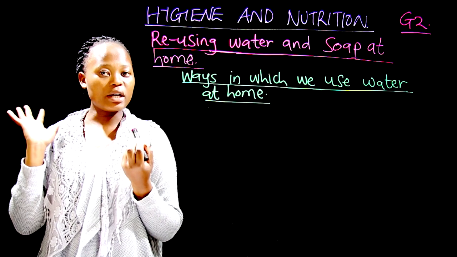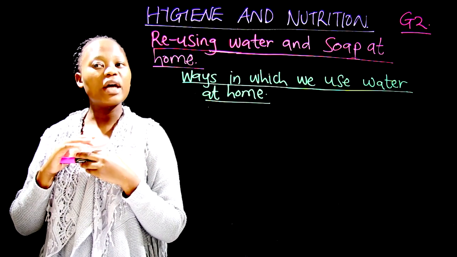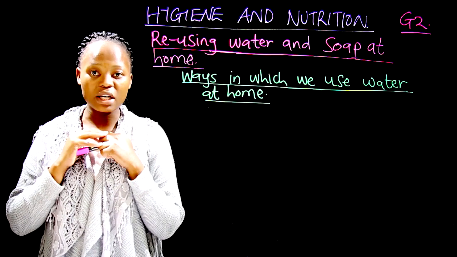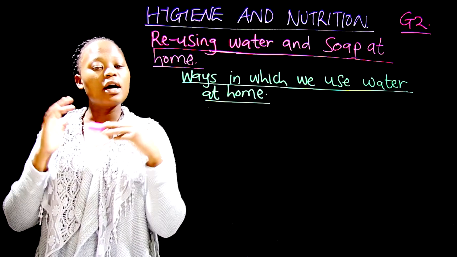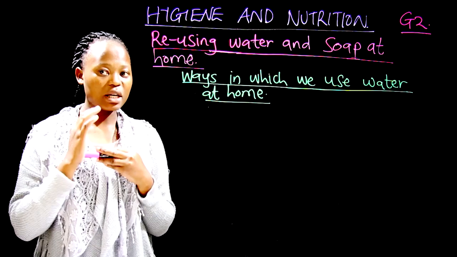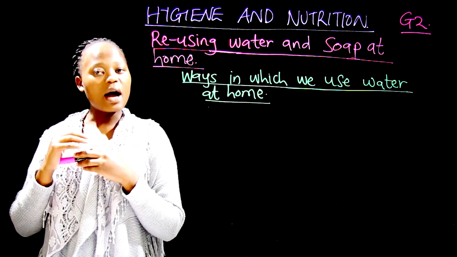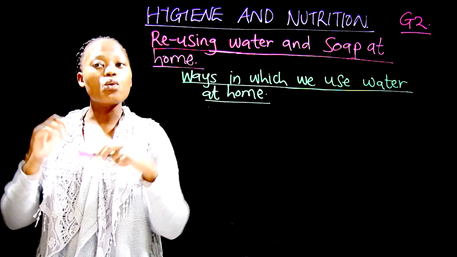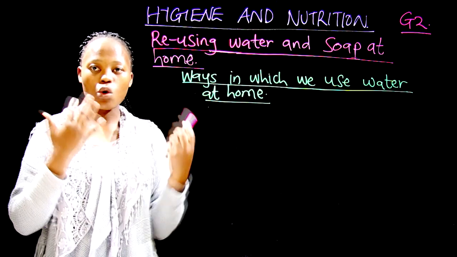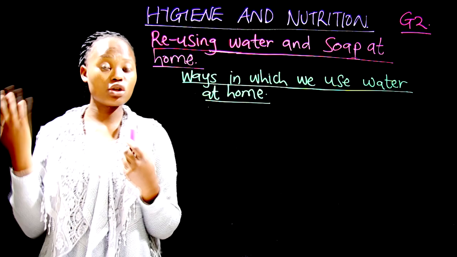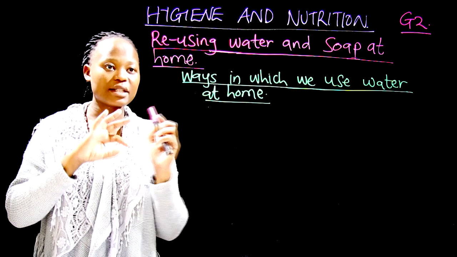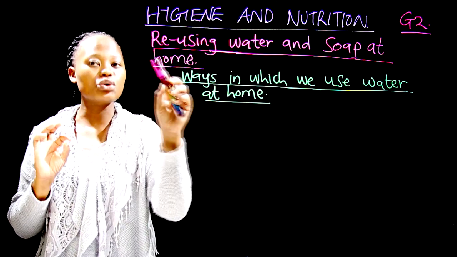In our previous lesson, we had looked at water contamination and how we can prevent water contamination. Now I want us to look at how we normally use water at home. We'll also look at a certain substrand called reusing water.